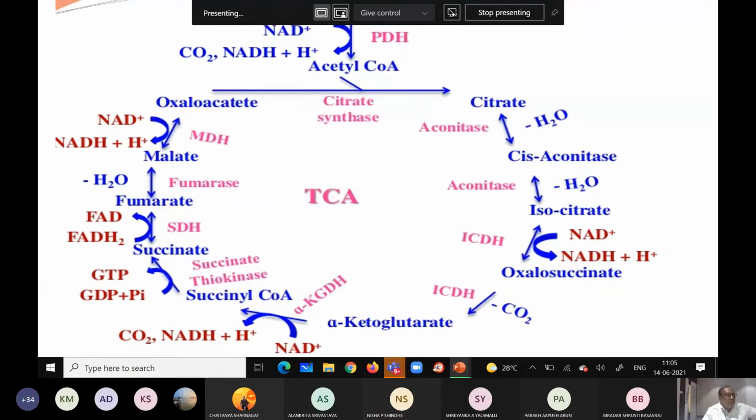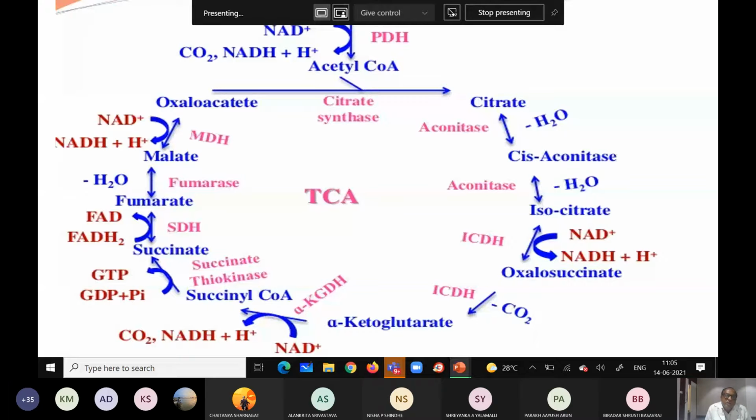So this is the circle, how it exactly takes place. It is called circular because at the end, the eighth product, oxaloacetate, again moves into the metabolic reactions along with another acetyl CoA and continues the reaction.